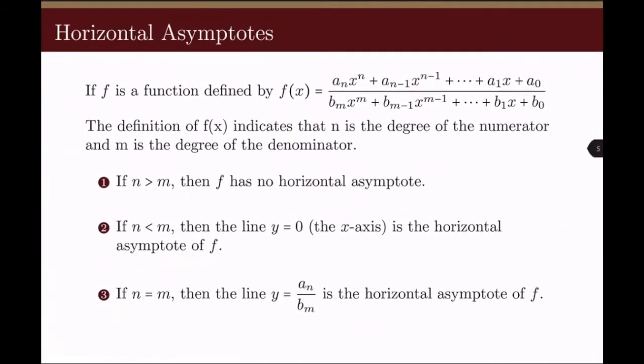So for horizontal asymptotes, if f is a function defined by f of x equals, and then it has a lot of letters. All this is saying is we have some high power of x, and it has a coefficient. That's all this is saying. And then we're dividing by a different power. So one of them is n, one of them is m.